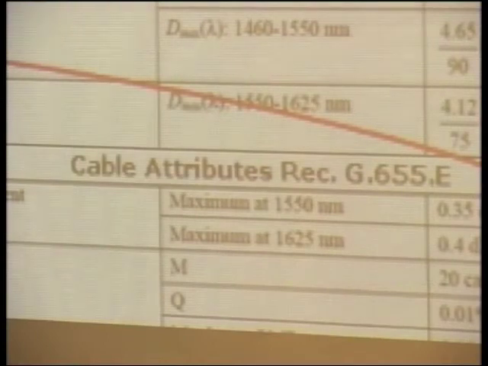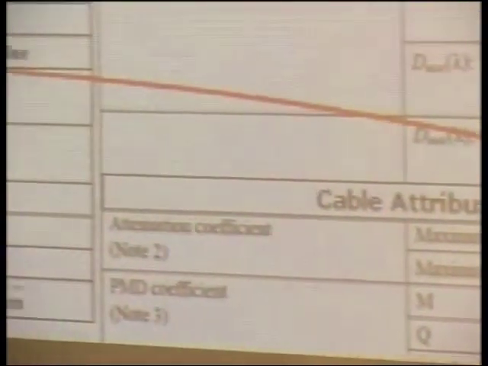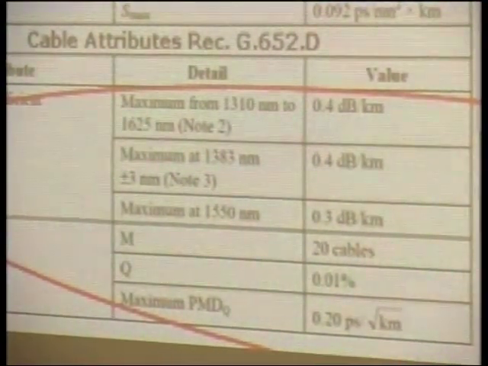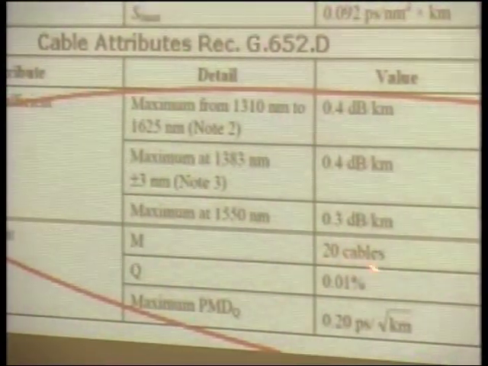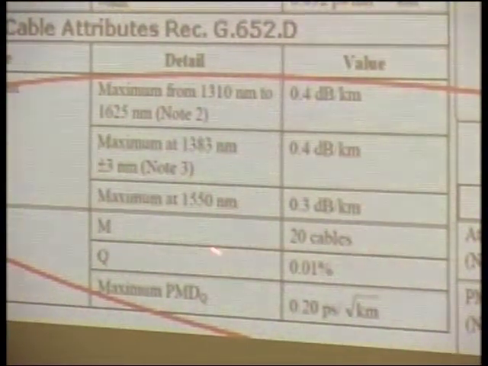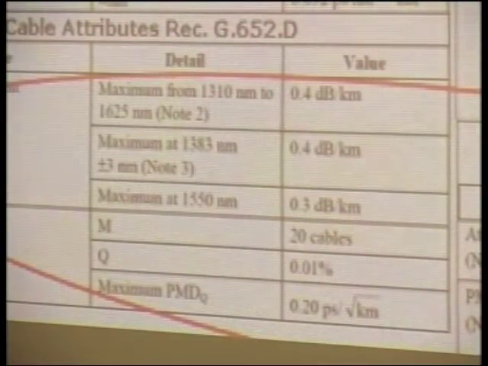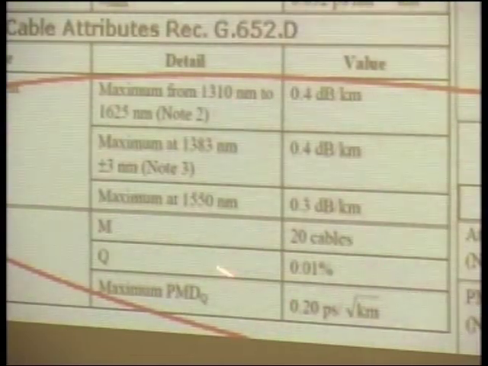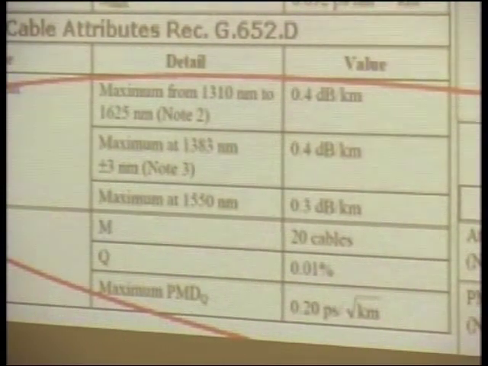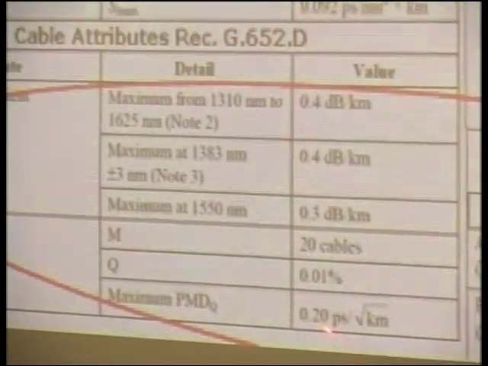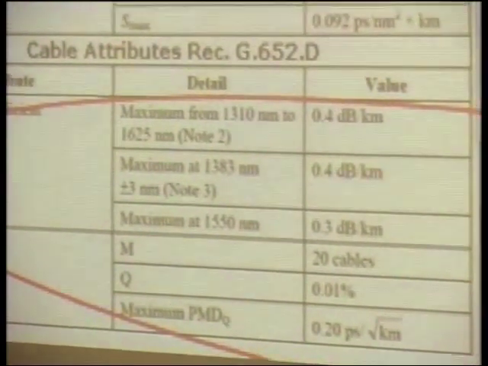And finally, you see here the PMD specifications. In both cases, that is the same way. I explained to you yesterday in the section on PMD that we are describing this specification in terms of the number of cable elements in a concatenated link, what the Q factor should be, the 10 to the minus 4 probability that you will find a higher value than specified over here, and the value here for the D fiber is 0.20 picoseconds per square root kilometer.